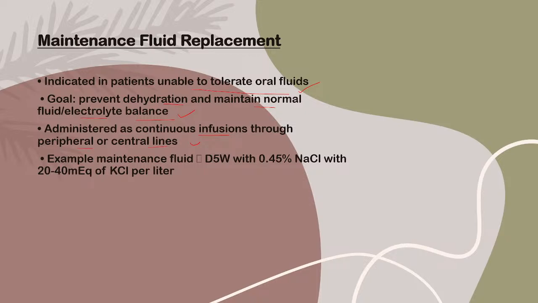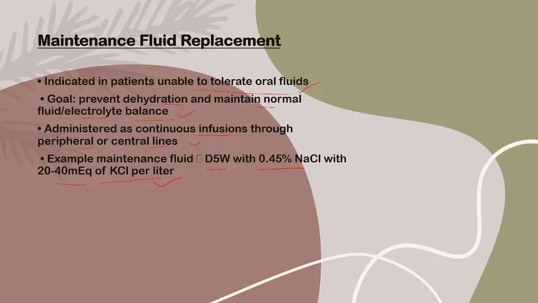An example of maintenance fluid is D5W with 0.45% NaCl with 20 to 40 milliequivalents of potassium chloride per liter. This maintenance fluid is designed so that there is maintenance of fluid and electrolytes inside the body.